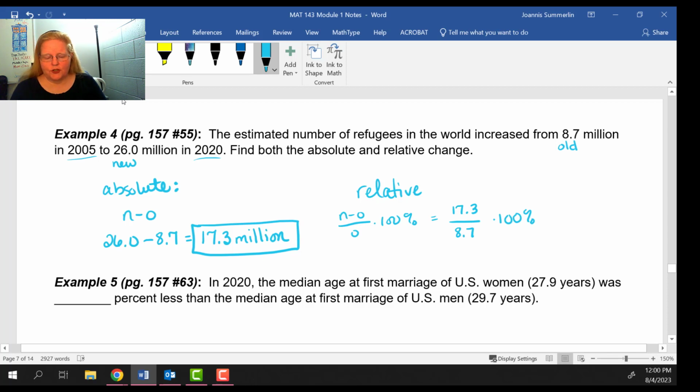So do the division and press enter first, and then you can multiply it by 100. And you're going to end up getting 1.9885 times 100%, which gives you 198.85%, which is roughly 199%. I'd take both.